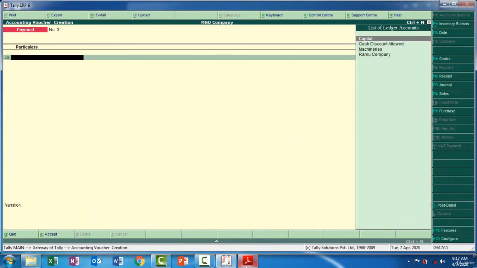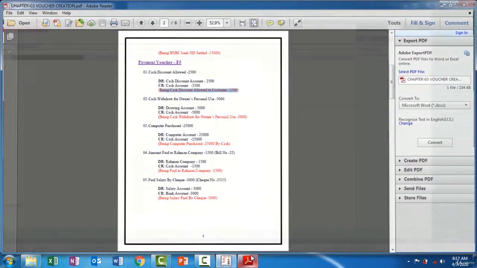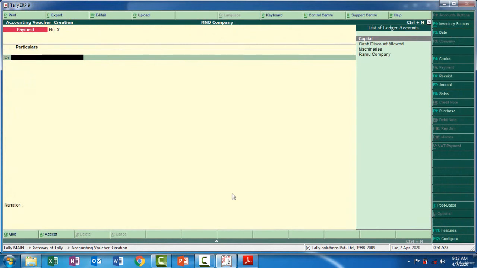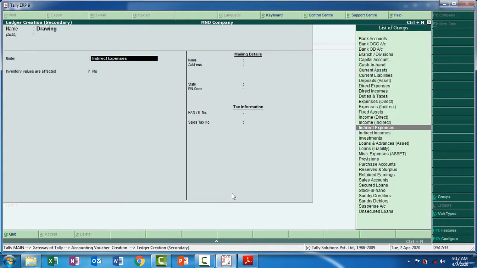Then yes. So the second payment voucher entry, cash withdraw for the owner's personal use, it's called drawing. So drawing account debit, cash account credit. So first we have to create the drawing account. So I'm going to type drawing, it is coming under the capital account.